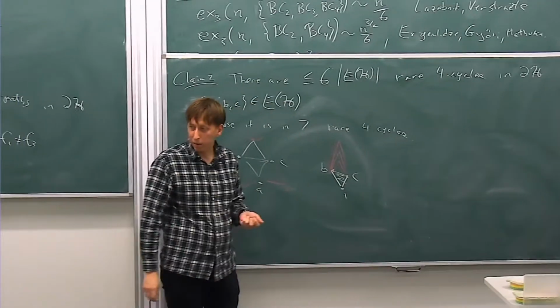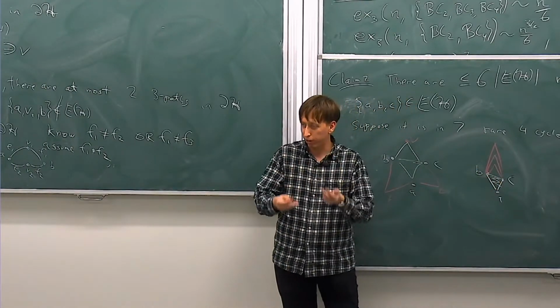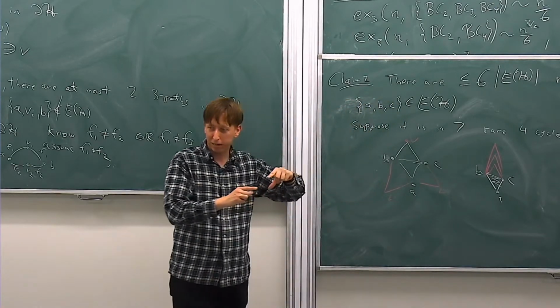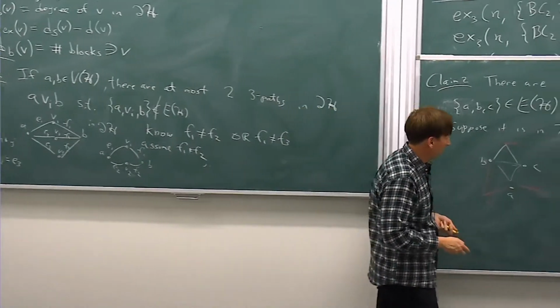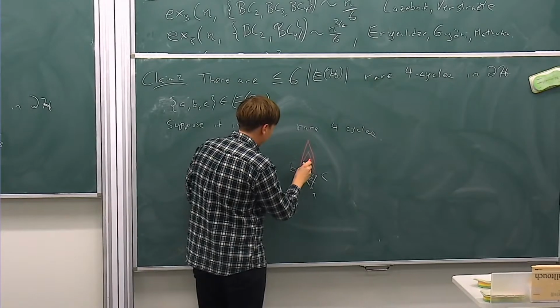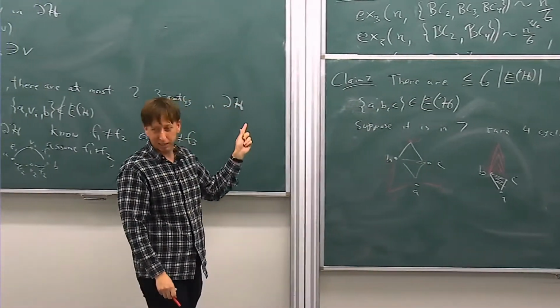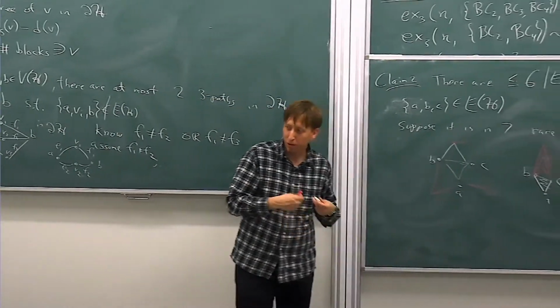It cannot be that these red V's are hyperedges because we are looking at rare 4 cycles, and in a rare 4 cycle, we don't have the two diagonals intersecting in the chord. So these are distinct edges. But now we go back to claim 1, which says that we don't have 3 of those. We can have at most 2 of those, and this gives a contradiction.